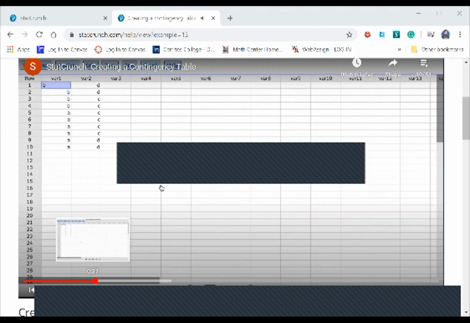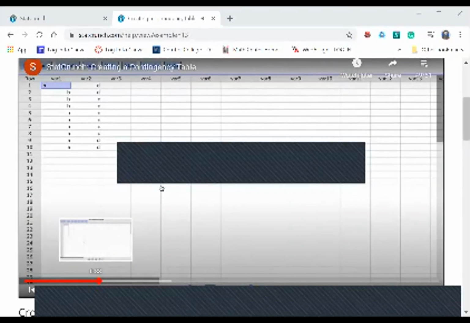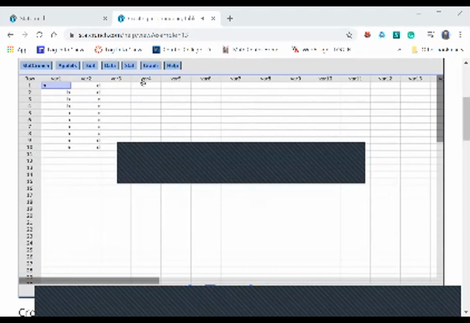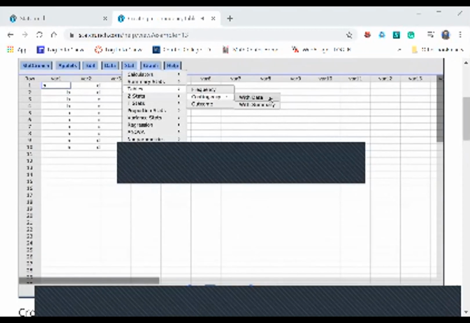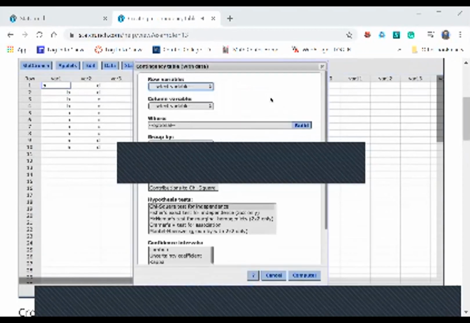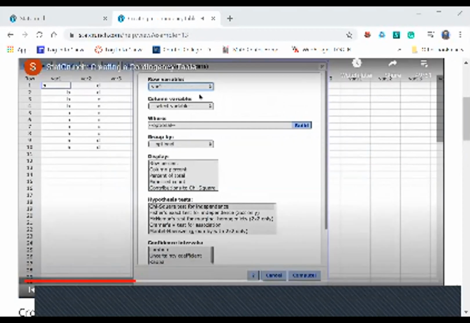Let's begin by creating a contingency table of the data in the var1 column cross-classified with the data in the var2 column. To do so, under the Stat menu, choose Tables, Contingency, with Data. I'll select my row variable as var1 and my column variable as var2 and click Compute.